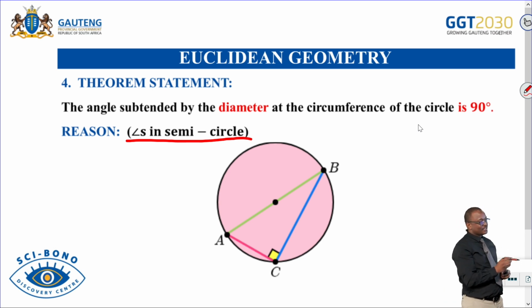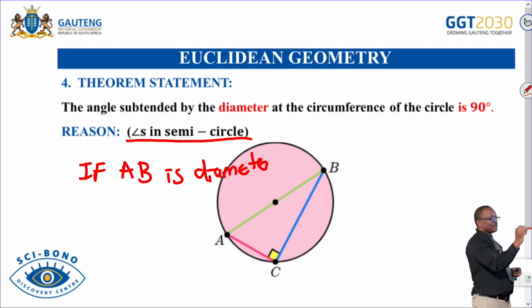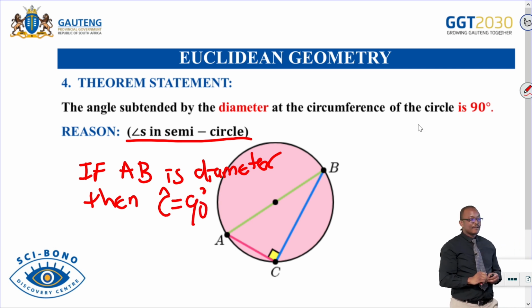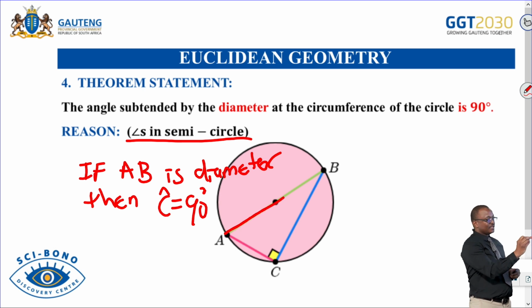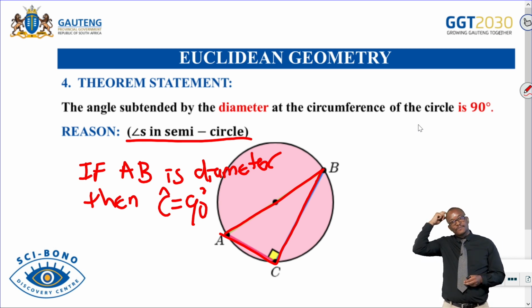Here basically they say if AB is a diameter, then your angle C must be 90 degrees. If AB is a diameter, then angle C will be 90 degrees.